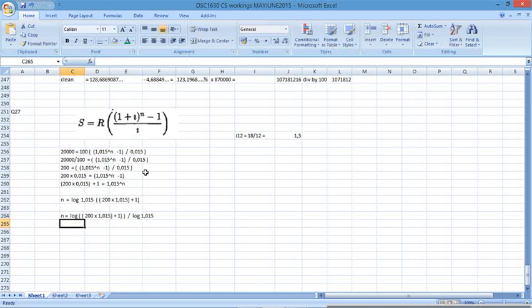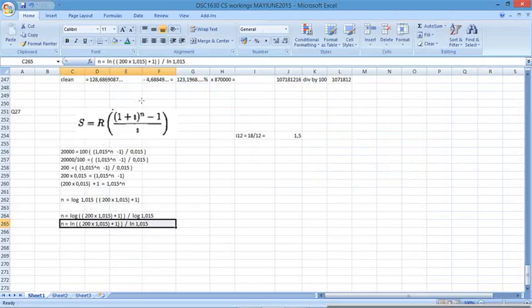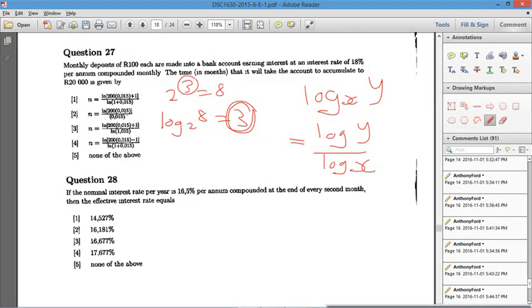You can obviously substitute a log with a ln. It's just log with base e, or log with base 10, in terms of exponential functions. So that's the final answer I'm going to be getting, which is option number 1. Yes, option number 1.